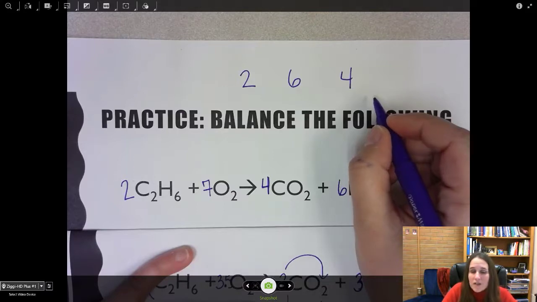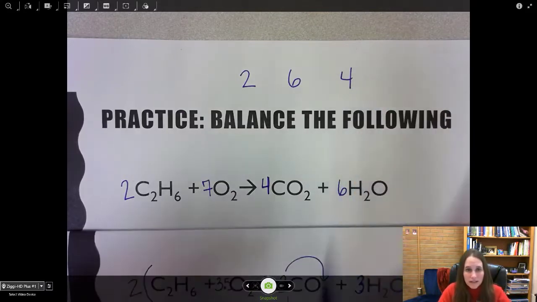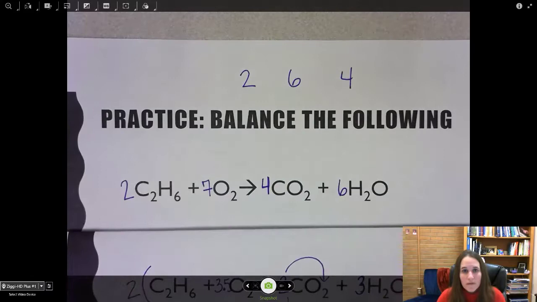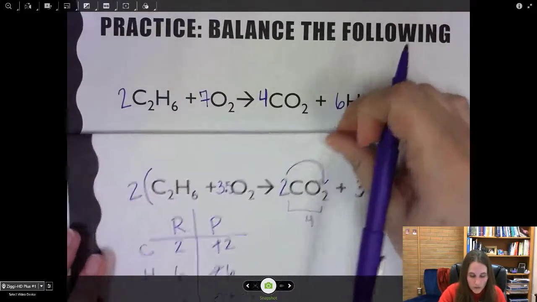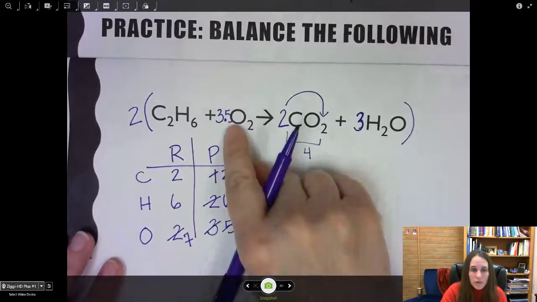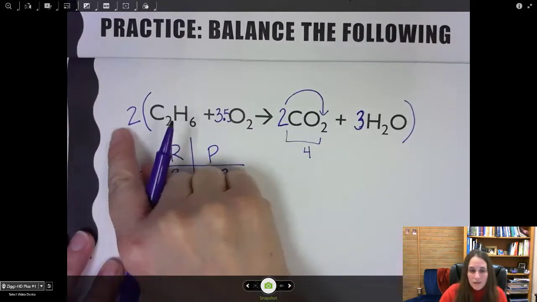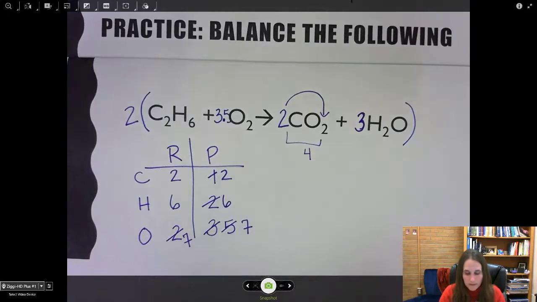So when we balance, we do go with the most reduced form for balancing that reaction. But this is a method that you can use, with these halves and then multiplying by 2 in the end, for some of those trickier problems.